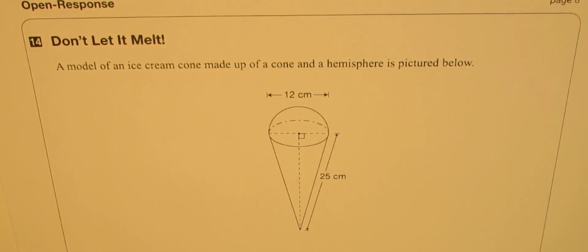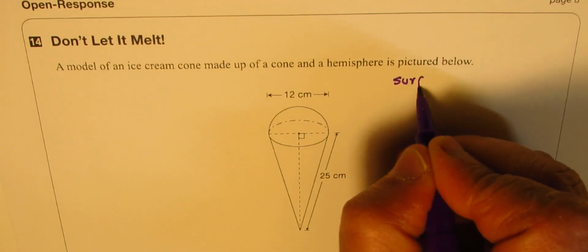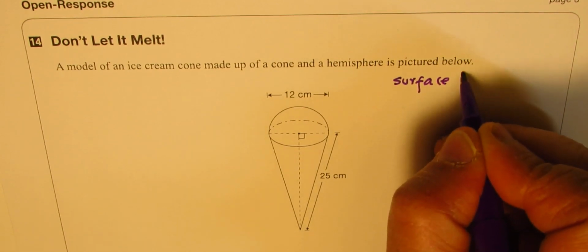Determine the total cost of painting the model. Show your work. So this is a model and we need to paint this at a cost of $0.0035 per centimeter square. So basically we need to find surface area, right? That is what the key is.